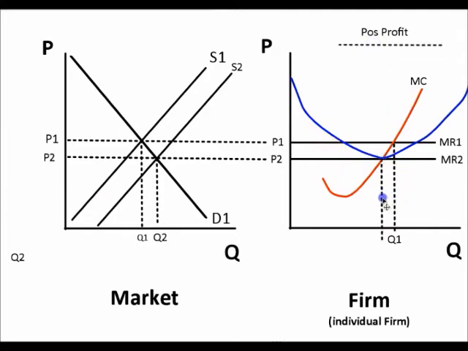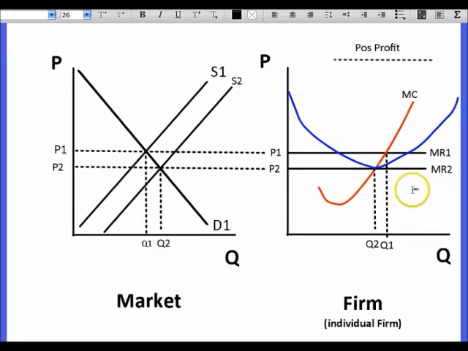The individual firm has a new profit maximizing quantity. In the previous video, we took a look at curve shifts and how this works. Go back and review it if you're confused at this point. But ultimately, take a look at where we wind up. We were at price greater than ATC. Now, because of entry into the market, price equals ATC.